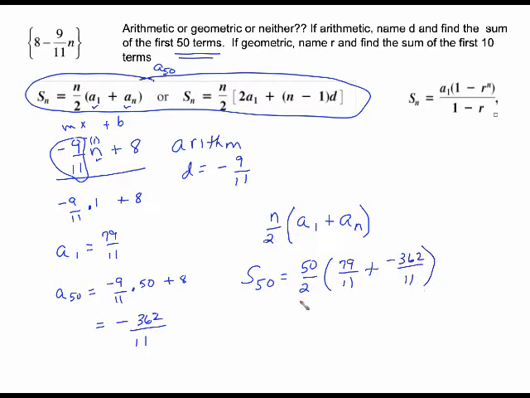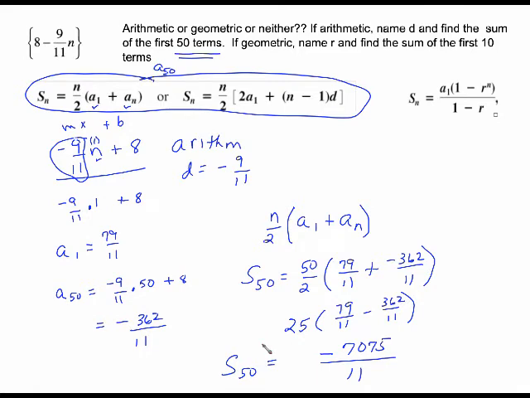And arithmetic-wise, you can enter exactly that in the calculator. You could do one little thing and divide that out, and then enter 79/11 minus 362/11 times that 25, and it will give us negative 7,075/11. And this is the sum of the first 50 terms of that arithmetic sequence.